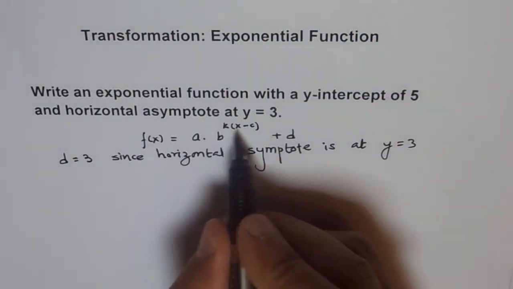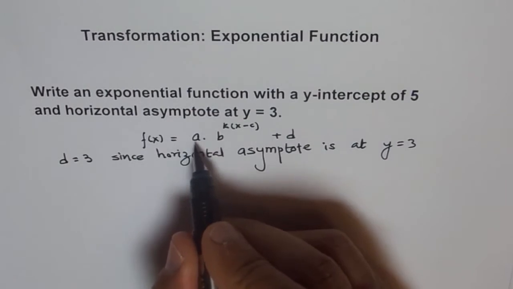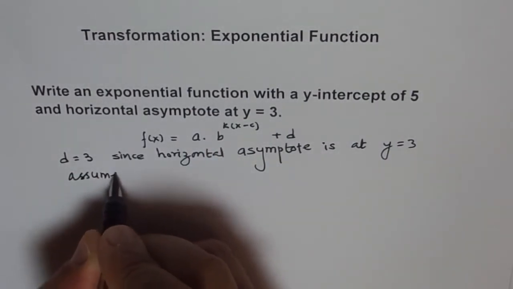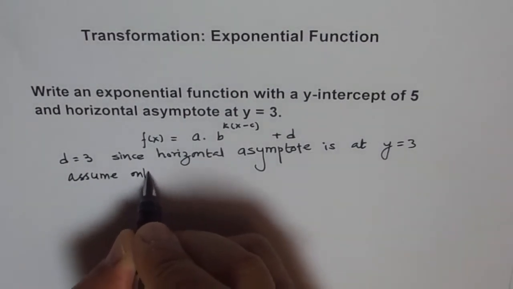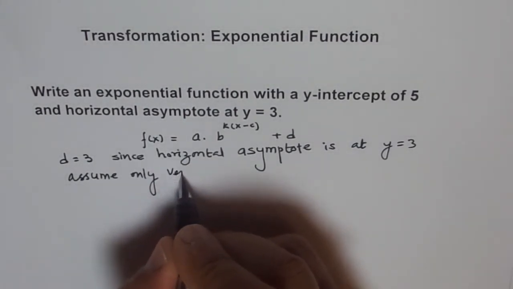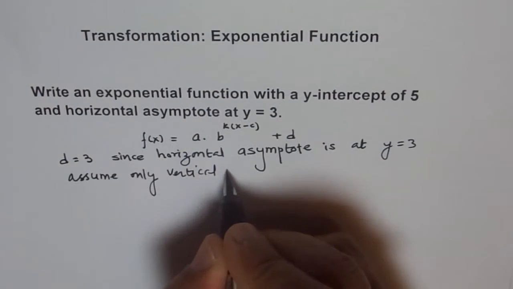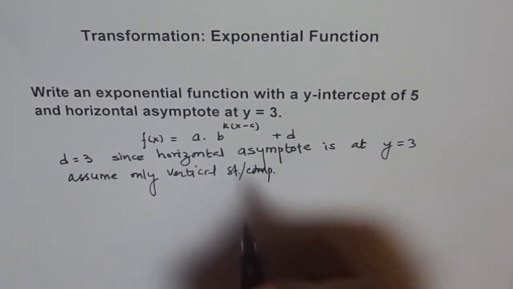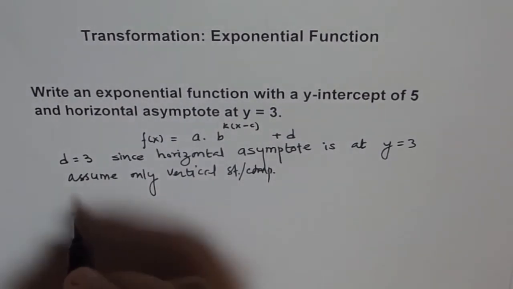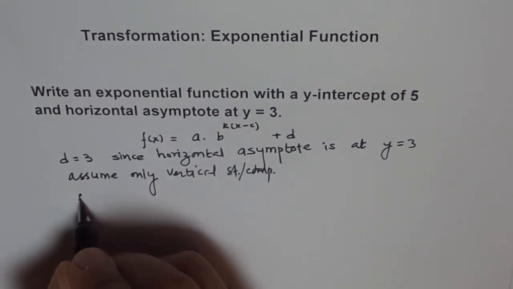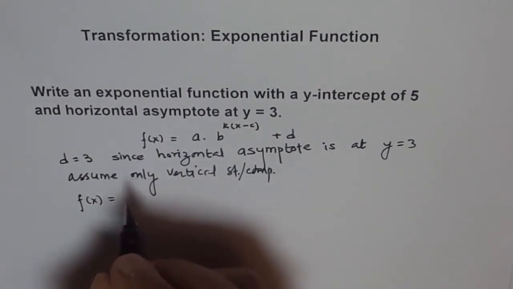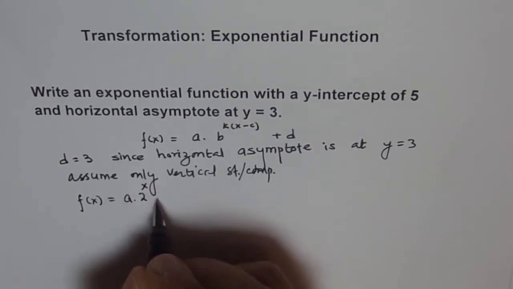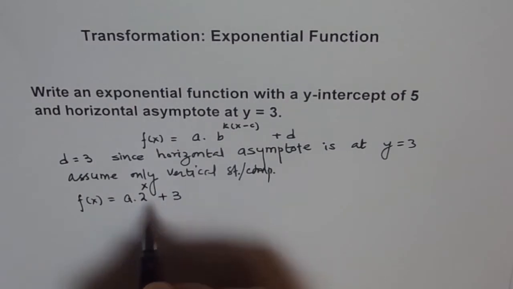So let's assume that there is no horizontal translation and there is only vertical stretch or compression. In that case, we can write our function f of x equals a times 2 to the power of x, plus 3. Does it make sense to you?